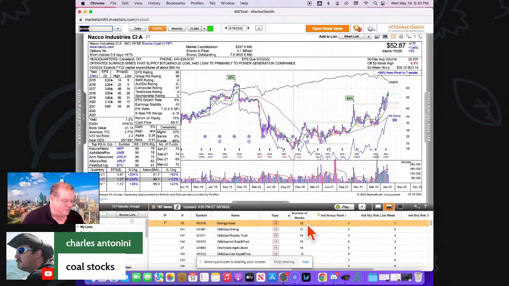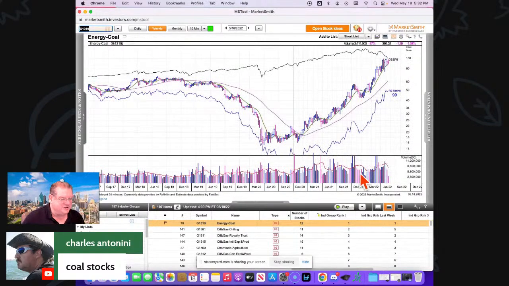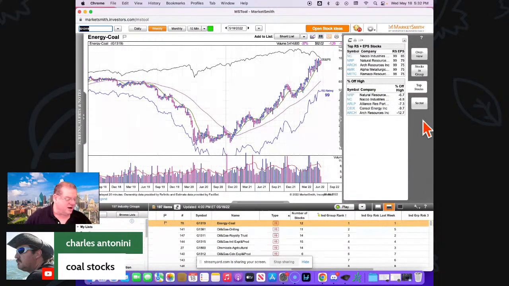Let's see if we can find one that's setting up in this group. That's the main thing right now: we don't want to buy stocks that are extended. Unfortunately, that's not the easiest thing to do in this environment. So let's find the ones that are closest to their all-time high.